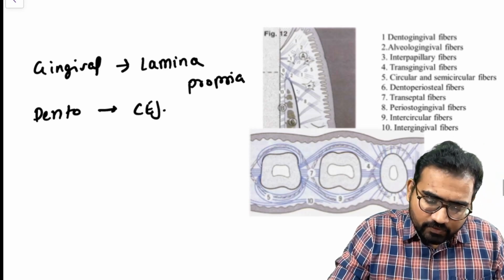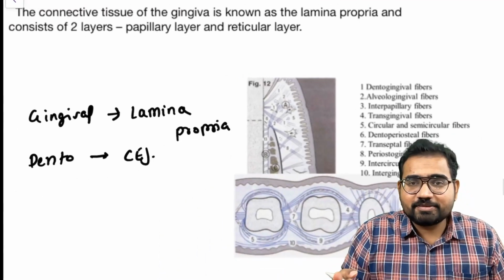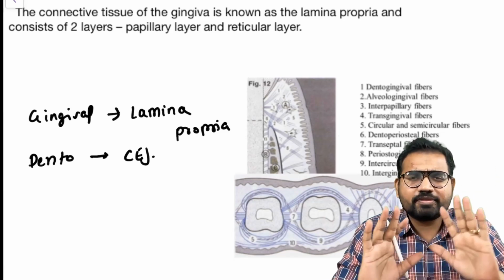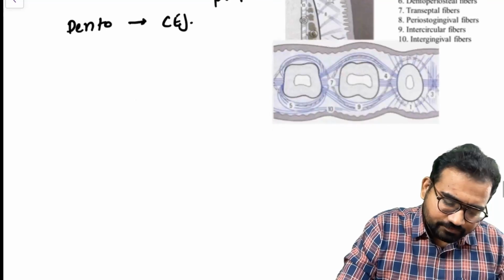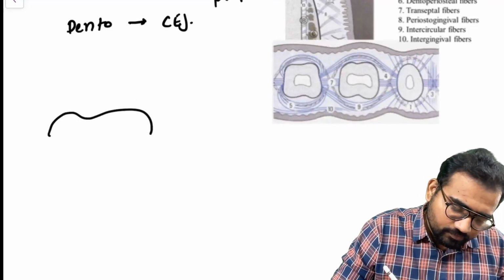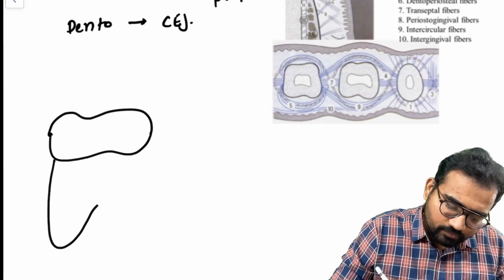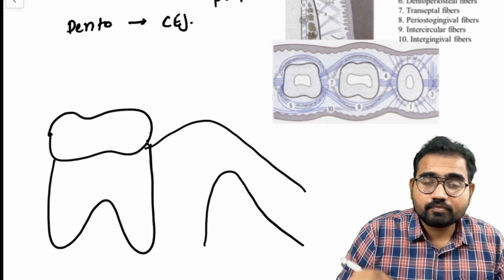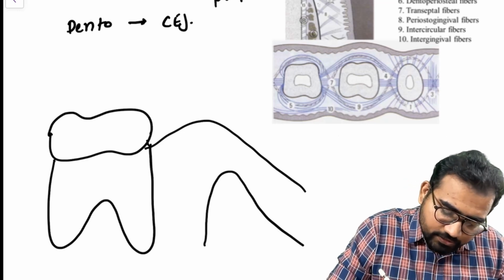Now, dentogingival fibers: CJ to the lamina propria. What is that lamina propria? Don't get confused. Take a look at this.